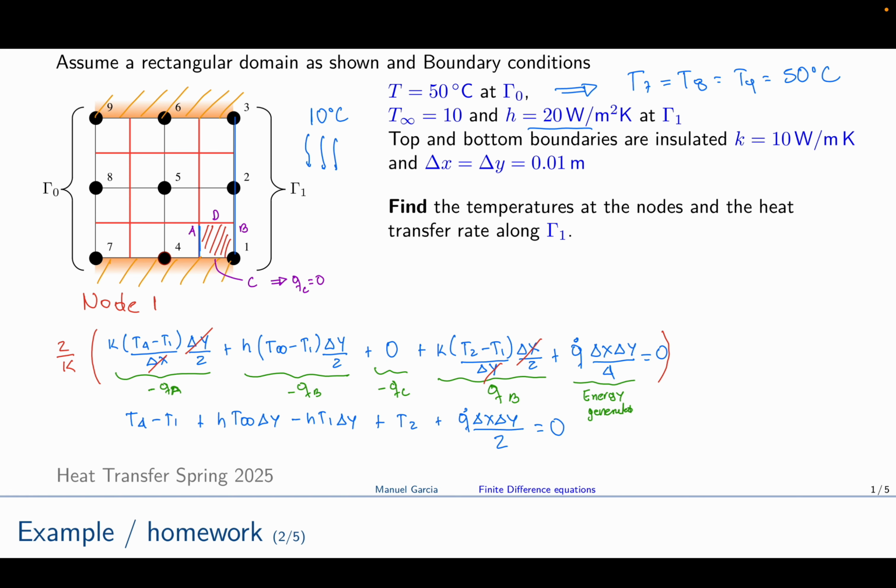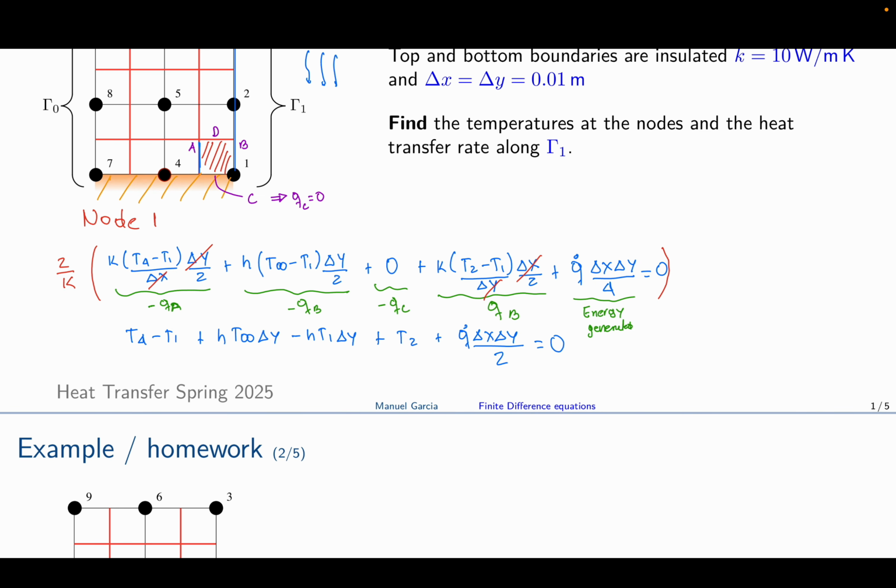Further on we can reorganize the T1s. We have this T1 and this T1. So we have minus 1 plus h delta y multiplied by T1, plus T2, plus T4.